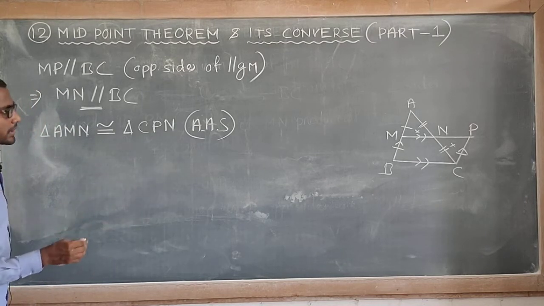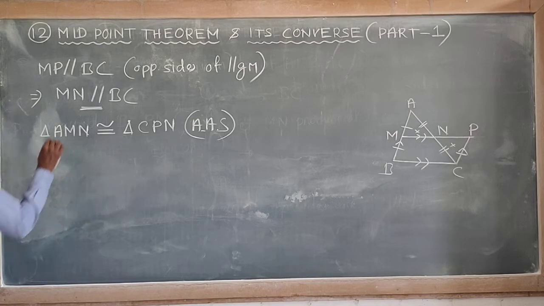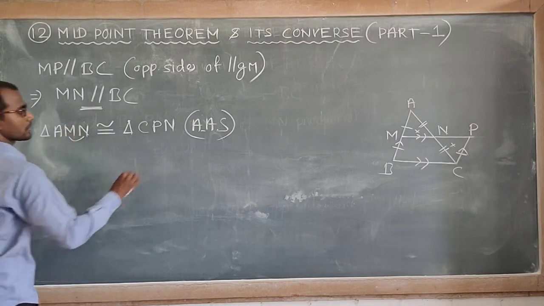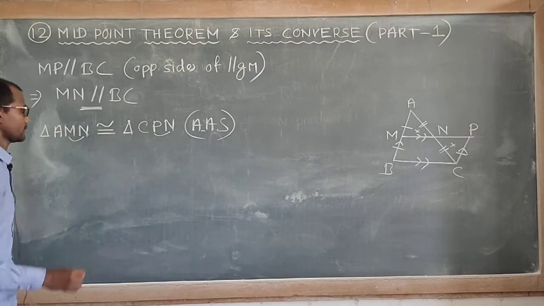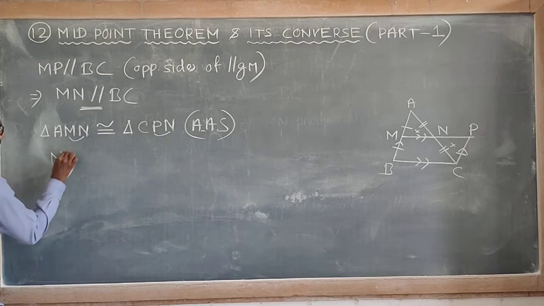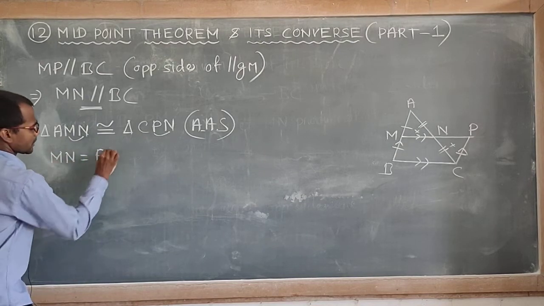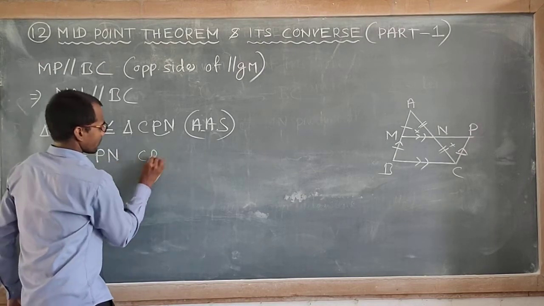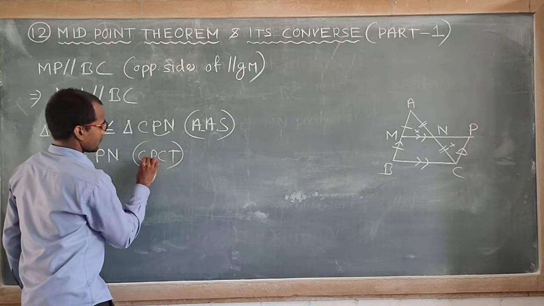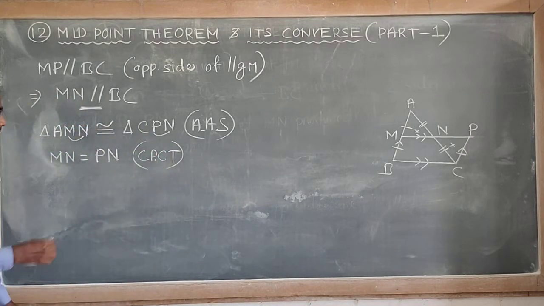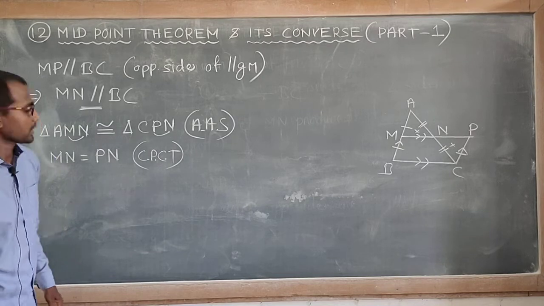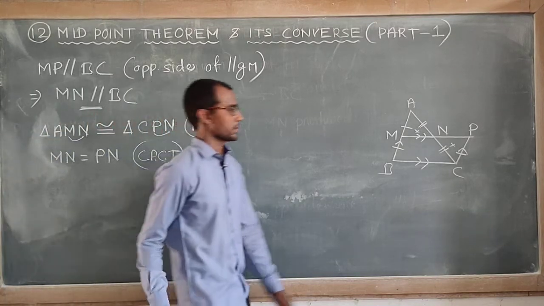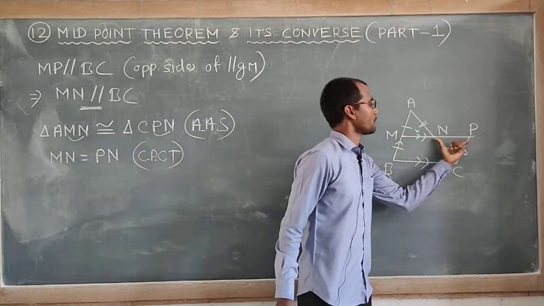So from this we can say MN is equal to PN by CPCT. MN is equal to PN.